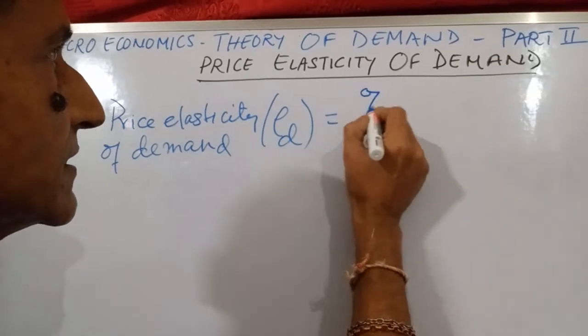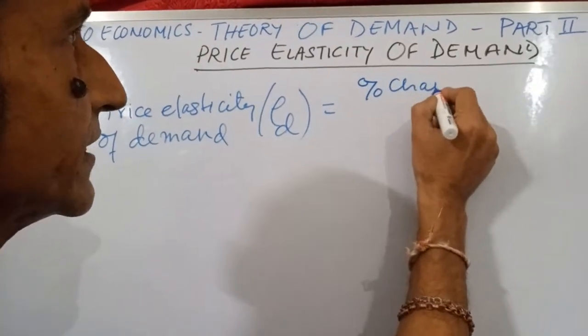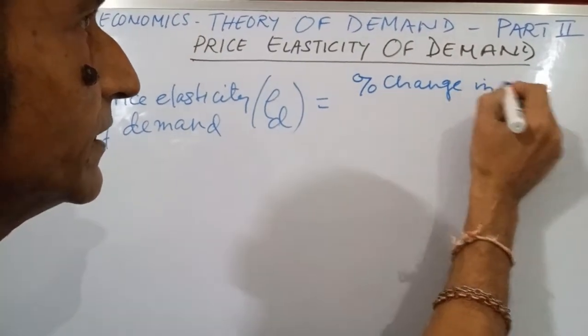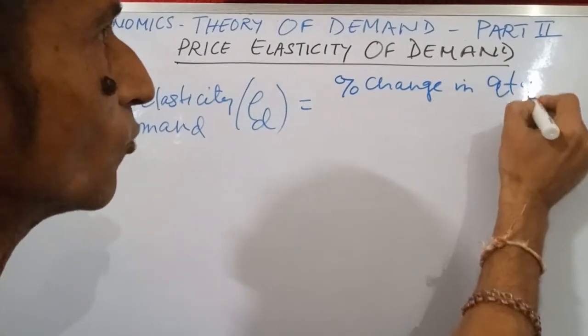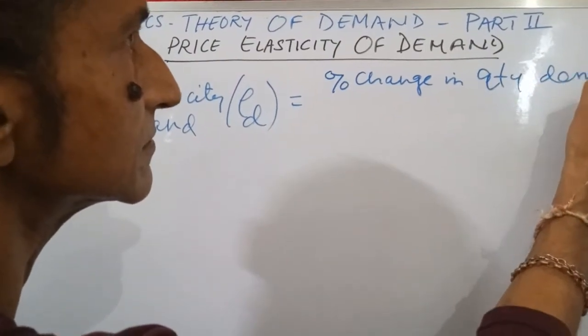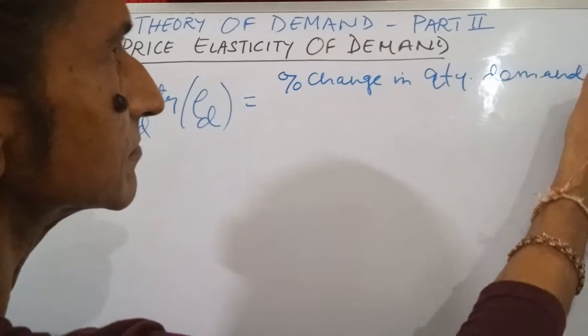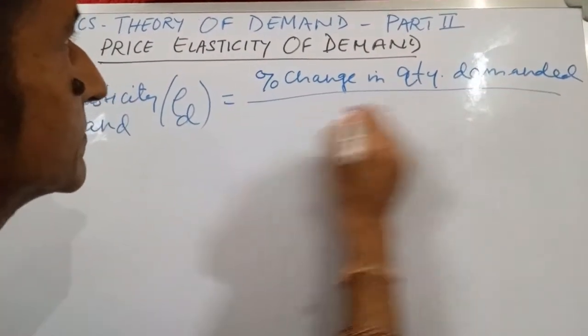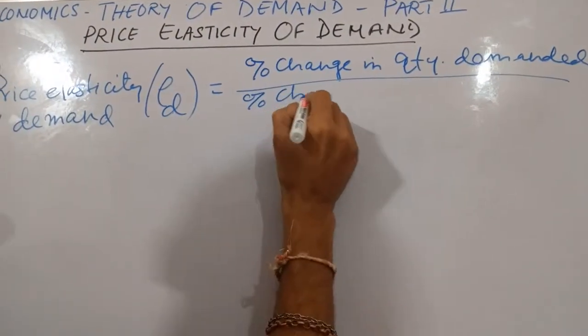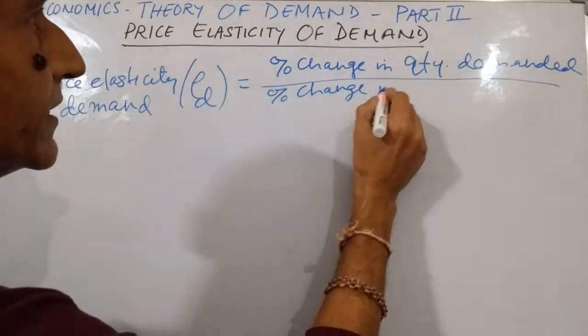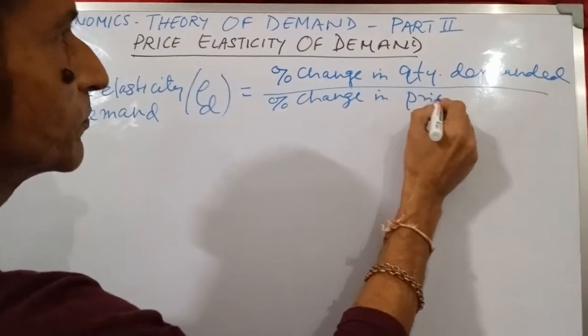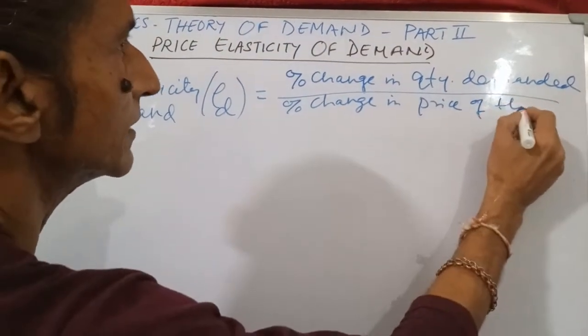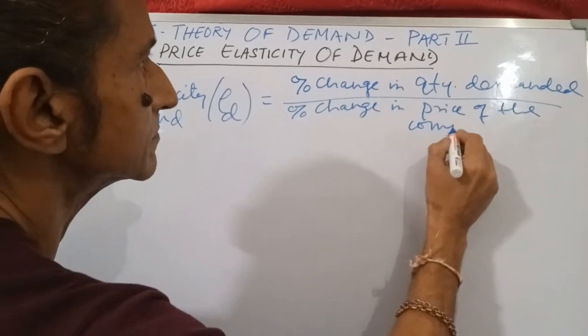Mathematically, this is percentage change in quantity demanded divided by percentage change in price of the commodity.